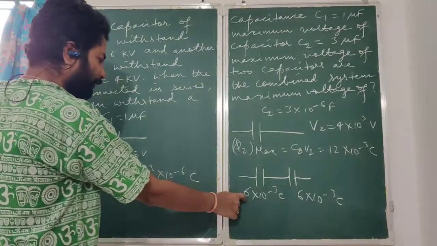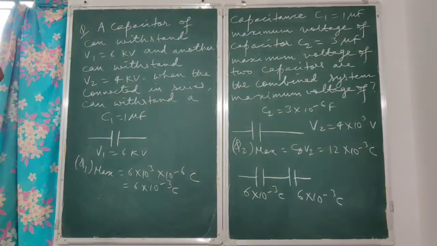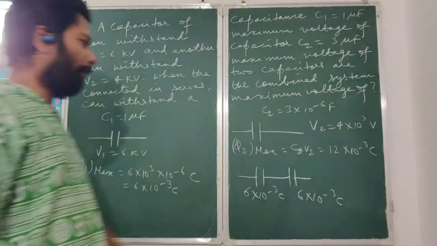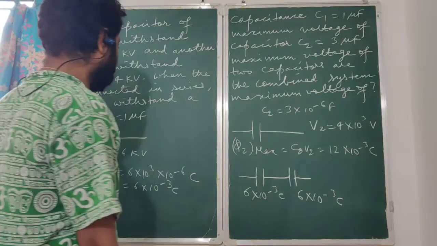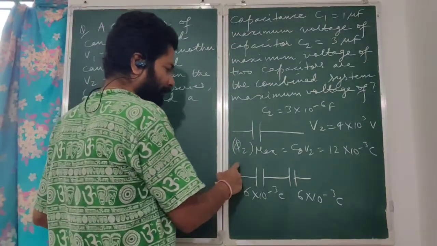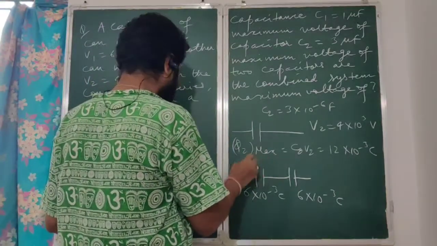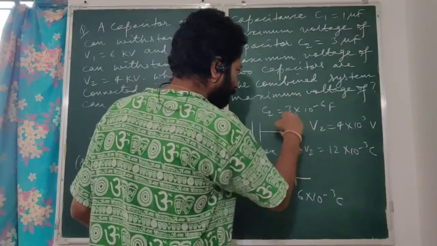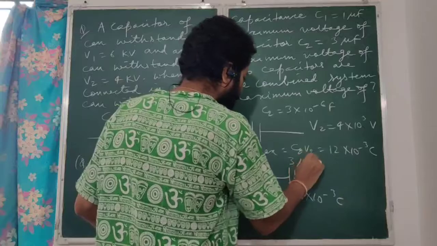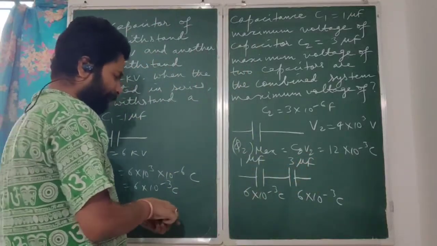So corresponding to this, what is the voltage, and corresponding to this, what is the voltage? The capacitance value is known to you. This is 1 microfarad. So here we can write it C1, and C2 is 3 microfarad. So what will be V1 and what will be V2?